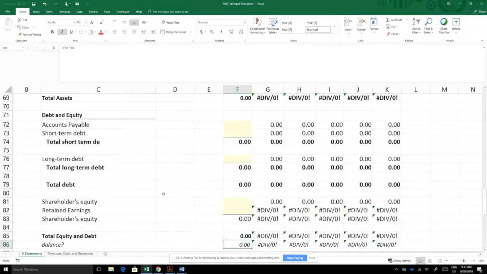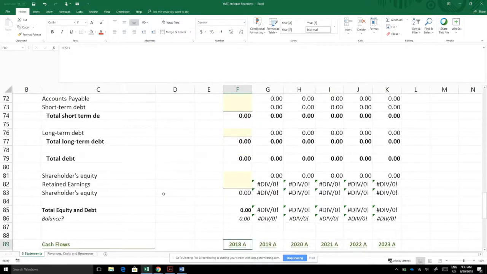But if you get some time from them, for example, if you pay a month after, then you're gonna have some accounts payable by the time you do your balance sheet. Then short-term debt is, if you got a 5 year loan, for example, the amount of the loan that you have to repay this year, and then long-term debt is the other 4 years of the loan that you have.